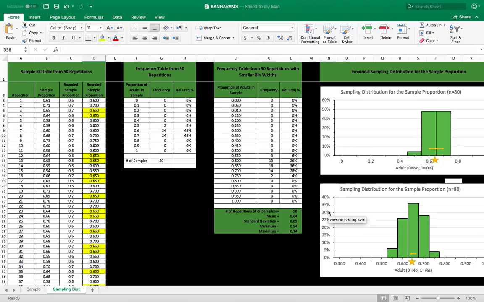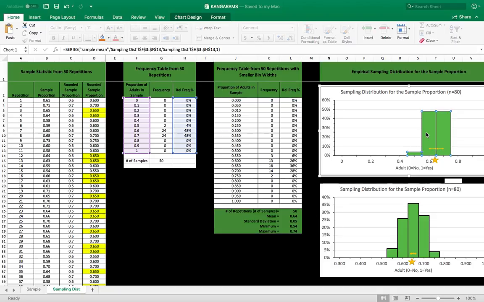Looking at these histograms, the data is the exact same. The only difference is that in this histogram the bins have a larger range, while in this histogram the bins are more precise.